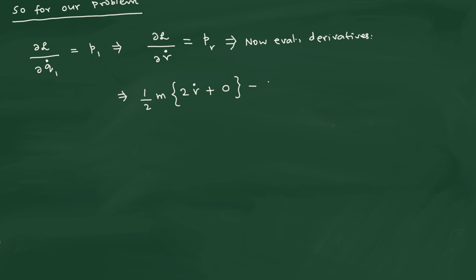K times r, derivative is 0. Okay, so all the terms we are differentiating with respect to r dot. So this is what you get, and if you simplify, you are supposed to say that that expression is given by PR. So write down that this is PR. Simplify this, we will be having m times r dot equal to PR.